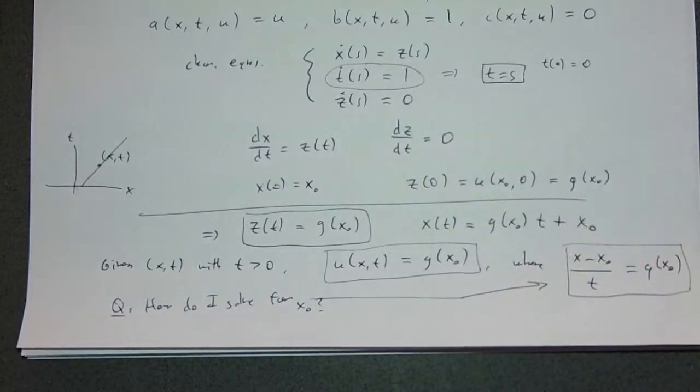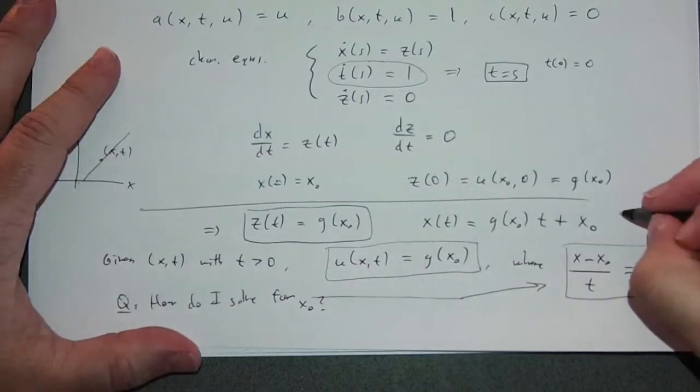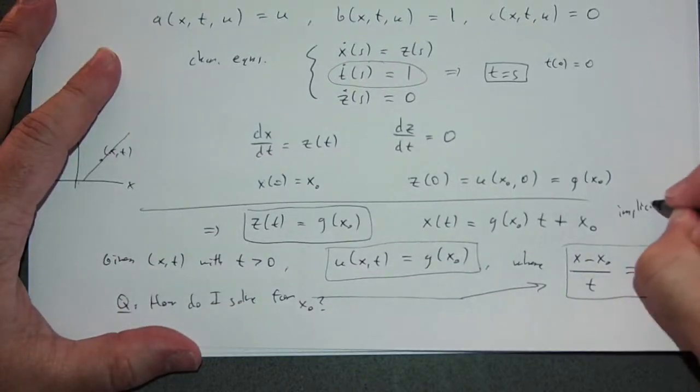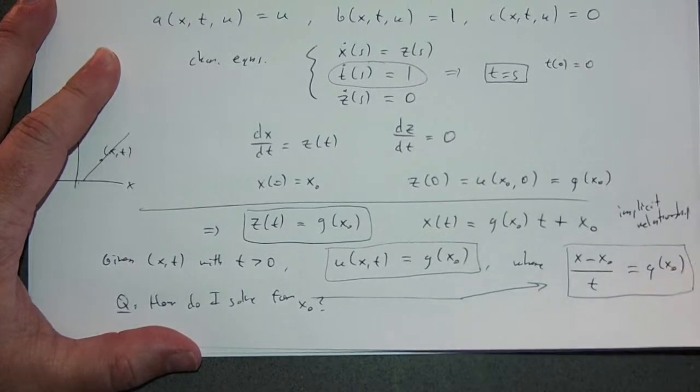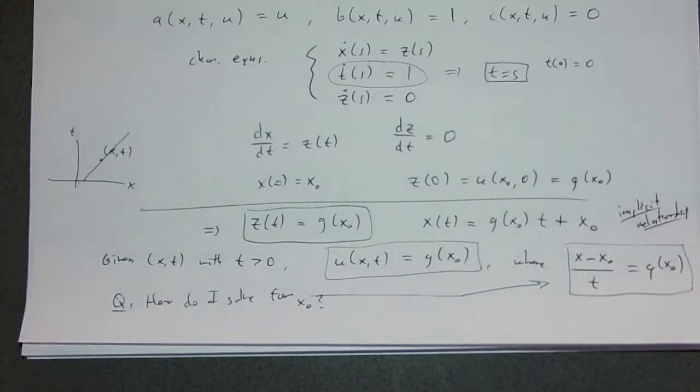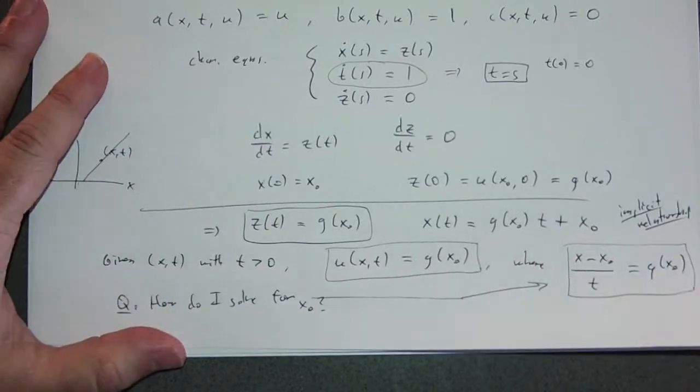What's the difference between an expression I got here and what I got in the linear and semilinear case? Well, the main issue here is that I get an implicit relationship, right? Before I got an explicit relationship, I could solve it and not have to worry about anything. But here, I can't always do this.